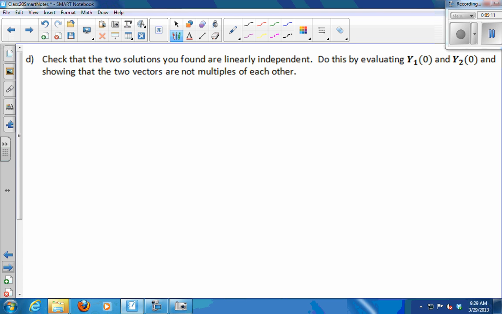So to make sure they're linearly independent, you just plug in 0 and make sure the resulting vectors are not multiples of each other.